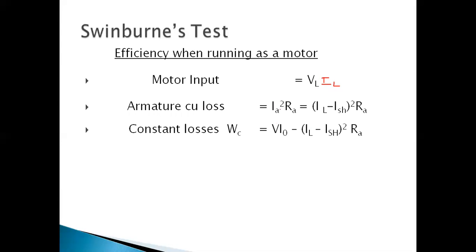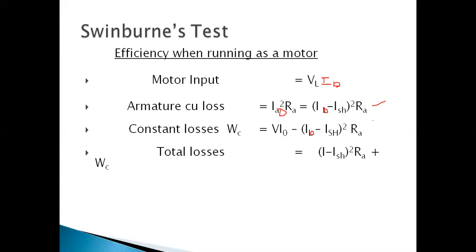Armature copper losses are IA square RA at a particular load. Then constant losses WC is equal to V I0 minus the no load armature copper losses, where IA0 is the no load armature current.